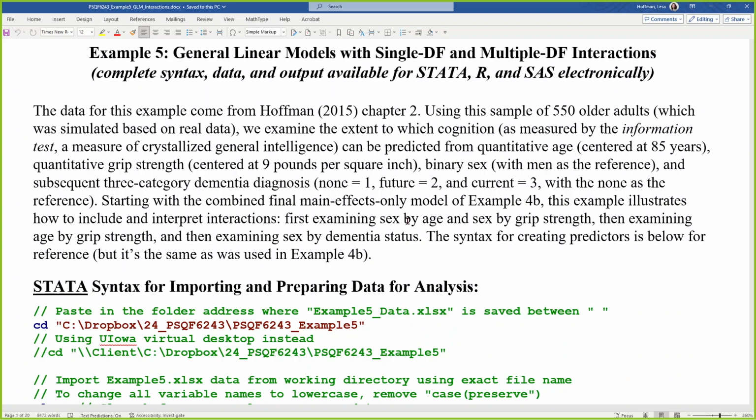One thing that I still occasionally see folks do is, in order to test moderation, take a continuous variable and cut it up into high and low, so that you can see if people who are high on this have a different relationship than people who are low on this. Please don't ever do that. Cutting up continuous information reduces the information that you have and introduces measurement error.